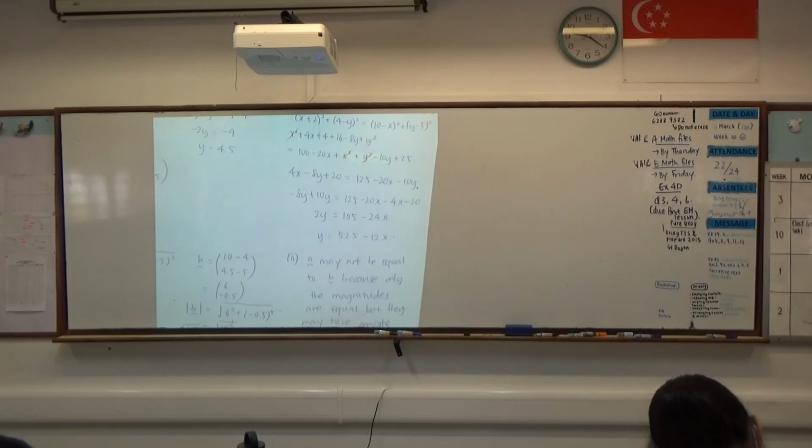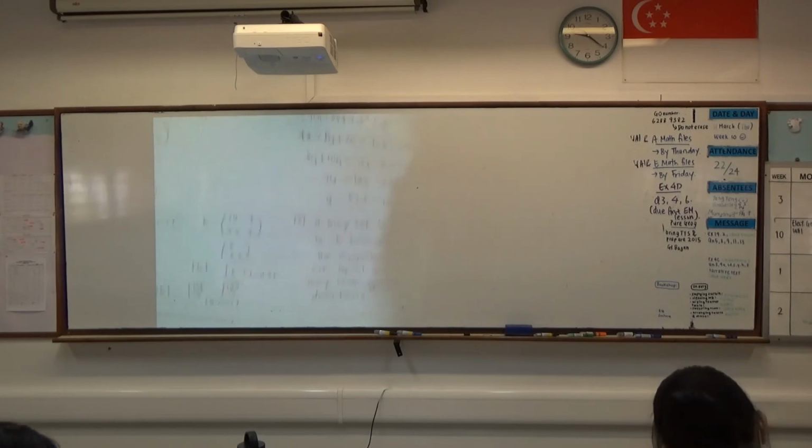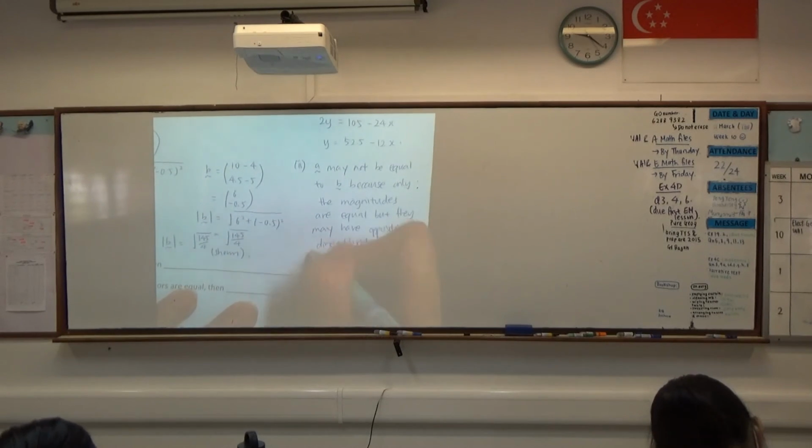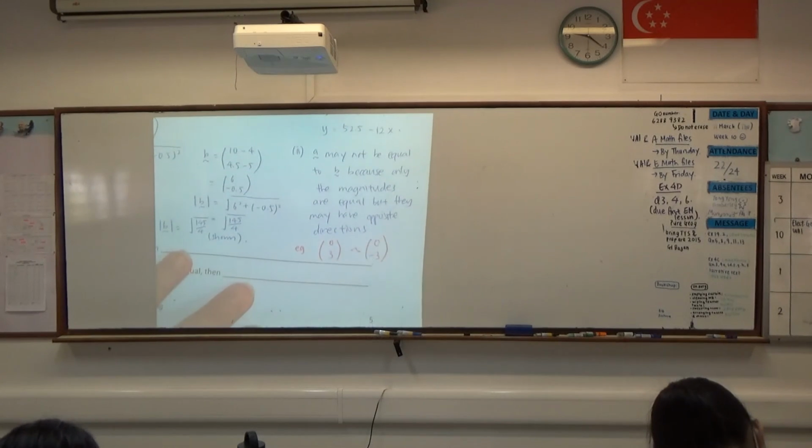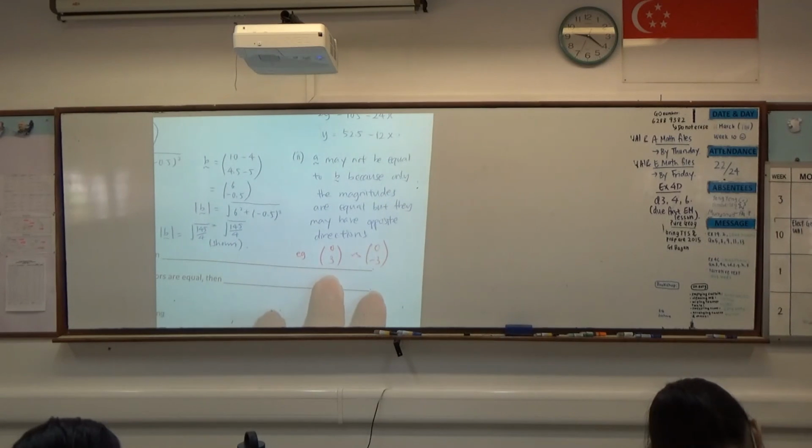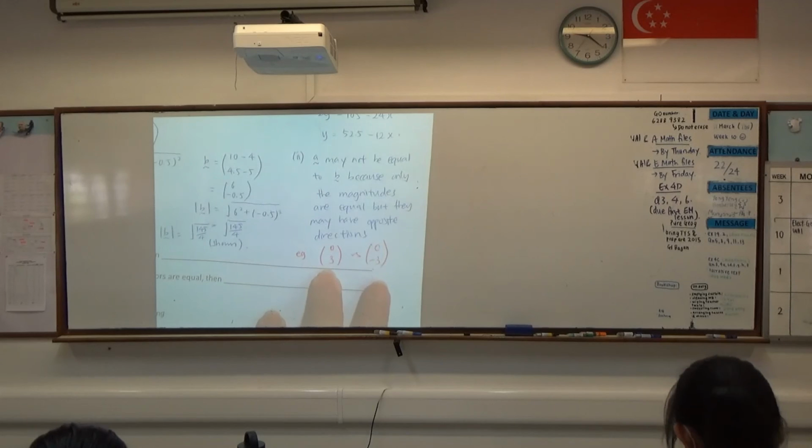But they may have opposite directions. Okay, example will be, let's say 0, 3 versus 0, negative 3. Okay, they have opposite directions. Magnitudes are actually the same, but they are not equal vectors.